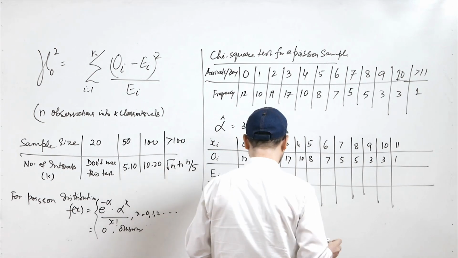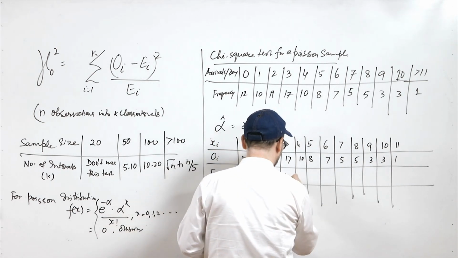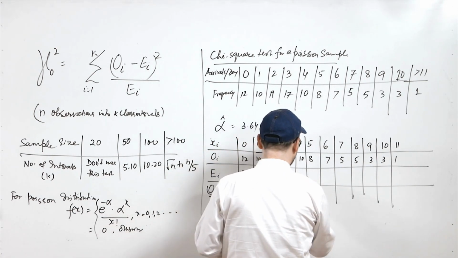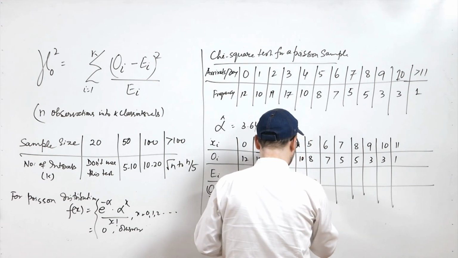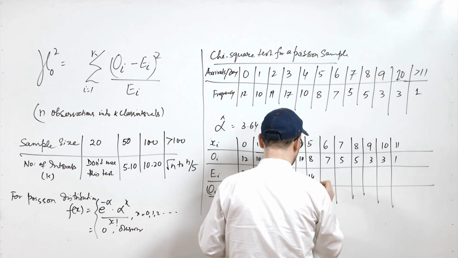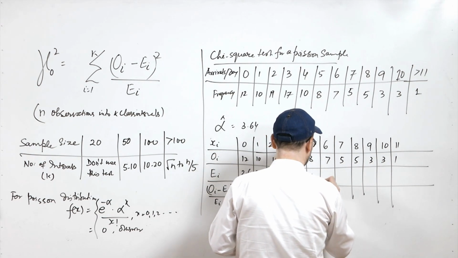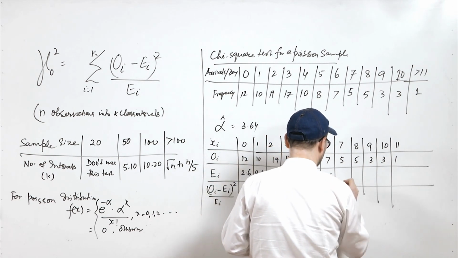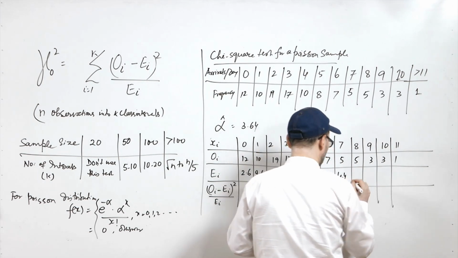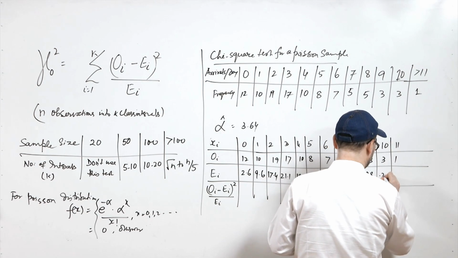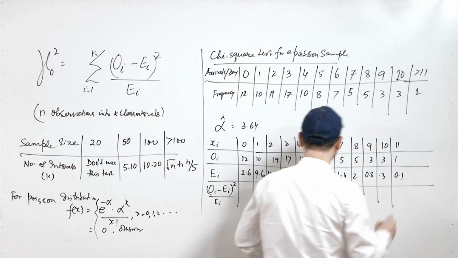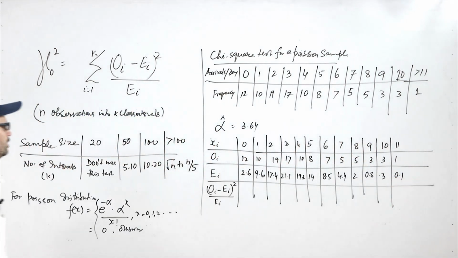For 2 it is 17.4, for 3 it is 21.1, for 4 it is 19.2, for 5 it is 14, for 6 it is 8.5, then 4.4, 2, 0.8, 0.3 and 0.1. This is the percentage of probability.